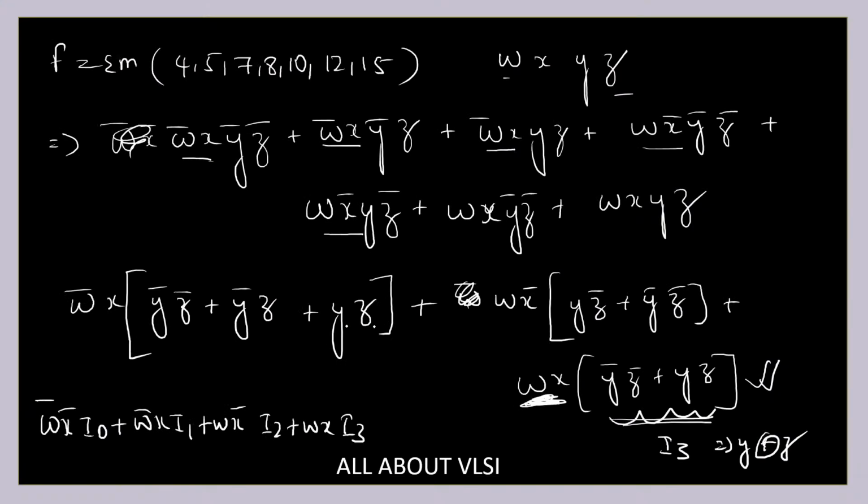That means we need to check for I1. I1 is present over here. So we need to solve this equation: if we take Z common over here, Y will be cancelled out. So Z plus, let me write it down over here, W bar X into Y bar Z bar plus YZ.